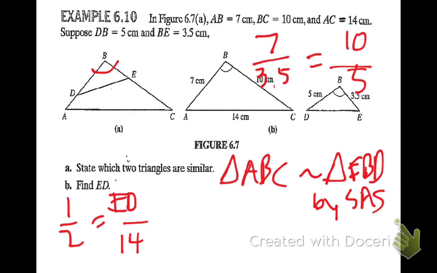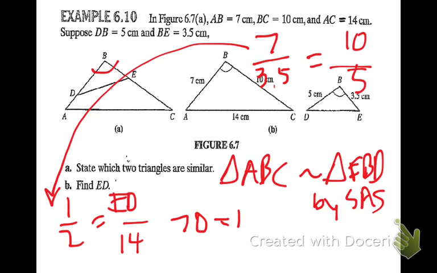The 1/2 came from here, right? So then we cross multiply, we get 70 equals 10 ED. So ED equals 7. Questions? Everybody has it? Okay.